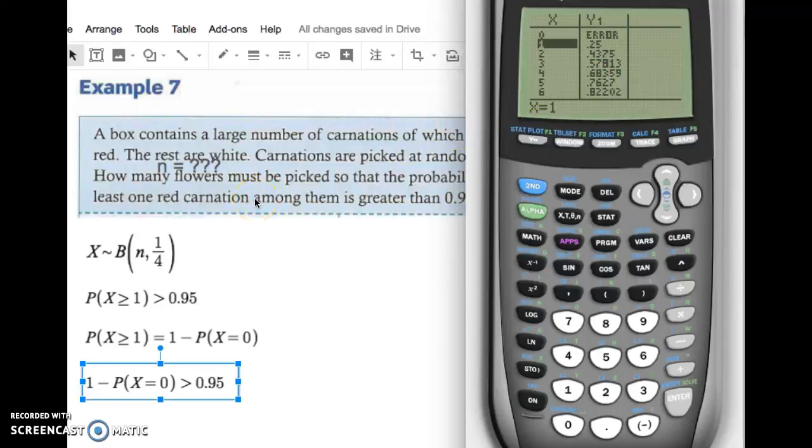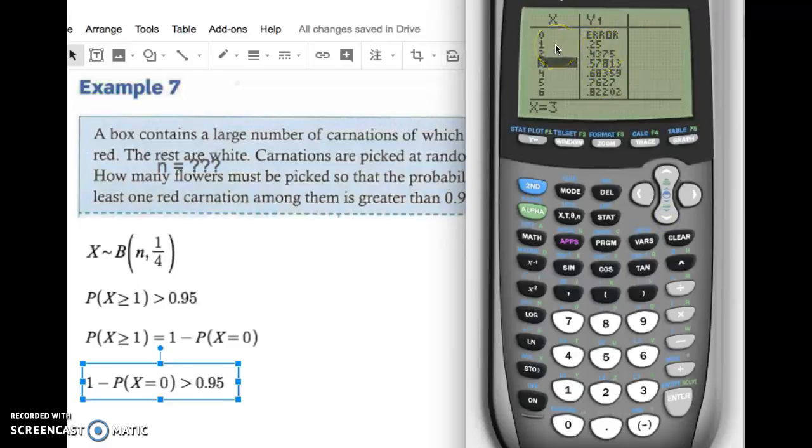The question is interested in what is the value of n so that the probability is greater than 0.95. So all I have to do is scroll down. When my x is 1, I have 0.25.